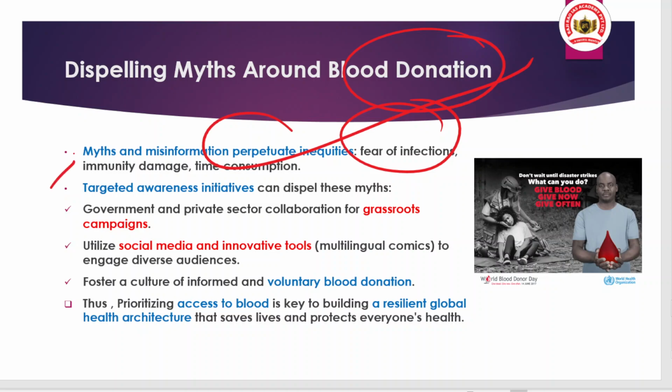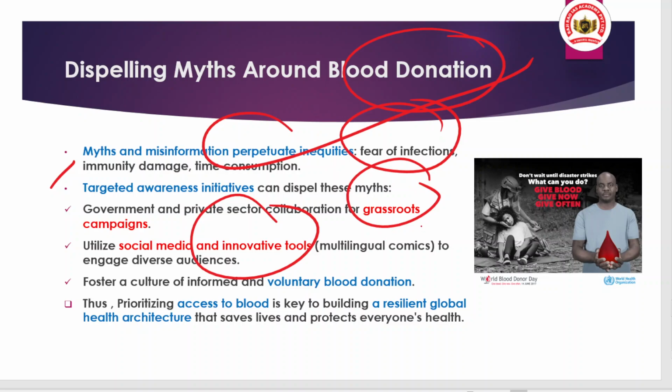So these are myths, and there should be targeted awareness initiatives which can counter these myths, like grassroots campaigns by the private sector and even by the government, on social media, on various platforms, in the district, in the block, and many more. The best way will be utilizing social media as well as innovative tools.